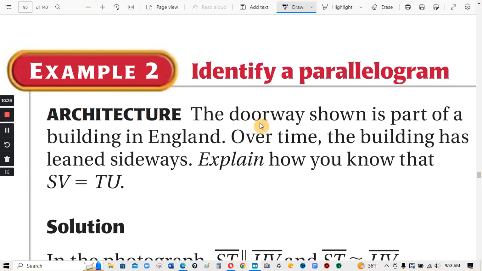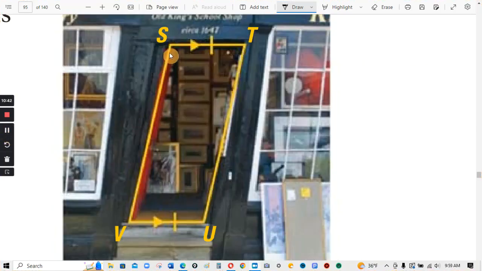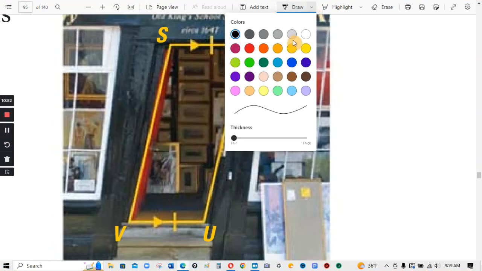Example 2, the doorway shown as part of a building in England. Over time, it has leaned sideways. Explain how you know that SV equals TU. All right, so we're trying to prove SV equals TU. So I would try to prove it's a parallelogram first.